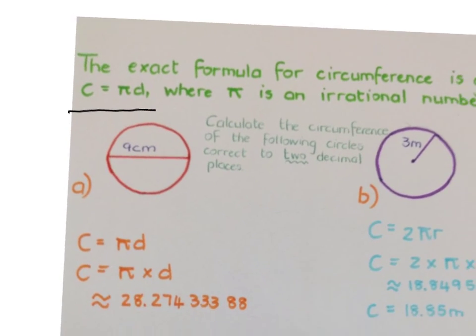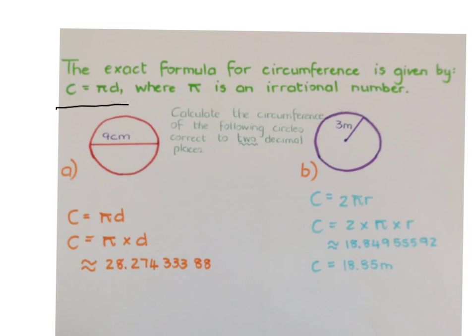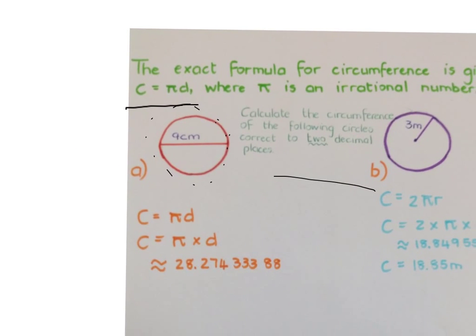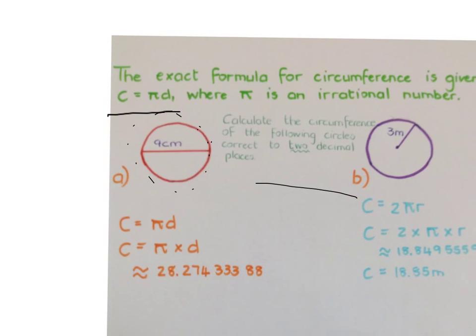In this question, they say calculate the circumference, so they want us to go all the way around, of the following circles correct to 2 decimal places. For this particular circle, they've given us the diameter. So C is equal to pi times D, I'm sorry. So C is equal to pi times D.